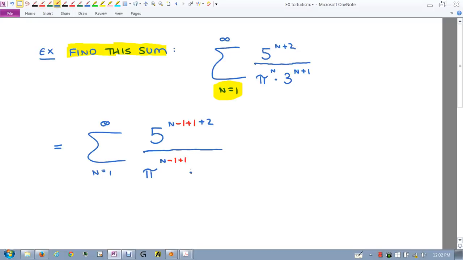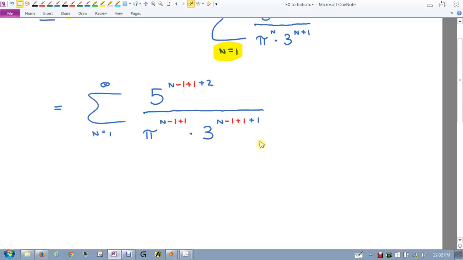Then I'm going to do 3 to the n. I'm going to take away 1 and add 1. But I already had 1 there, so plus 1 still. All of this is because I want the n minus 1 powers on my numbers here. Still rewriting.